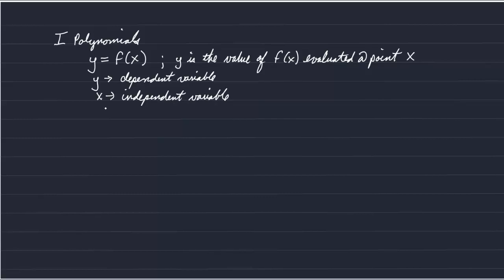So in that sense, it's often convenient to think of varying x, and therefore, how does that influence what y is, being this function of x. So let's start from a very basic function, a function that you're all very familiar with, and that's a function of a line. So we might draw x being the independent variable on the horizontal axis and y, the dependent variable, being on the vertical axis in this case.